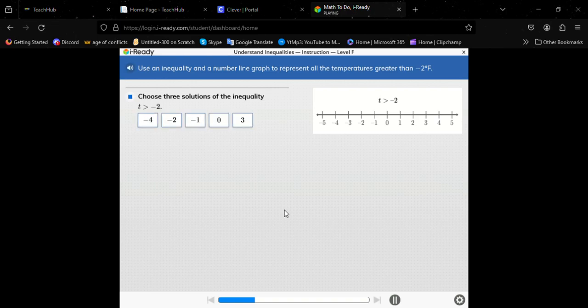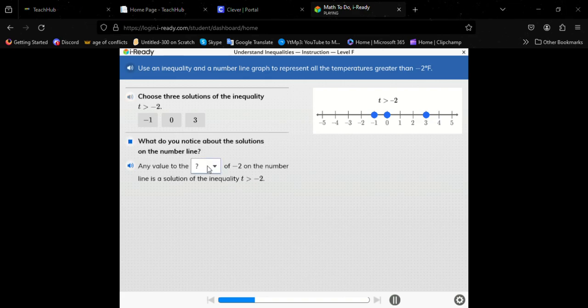Choose 3 solutions of the inequality T is greater than -2. The number line shows these solutions.